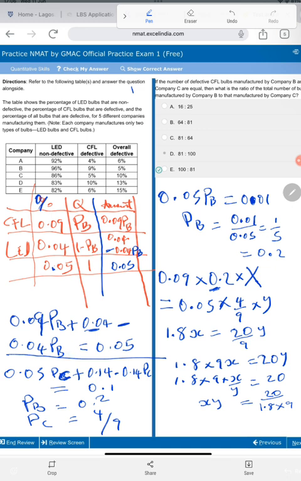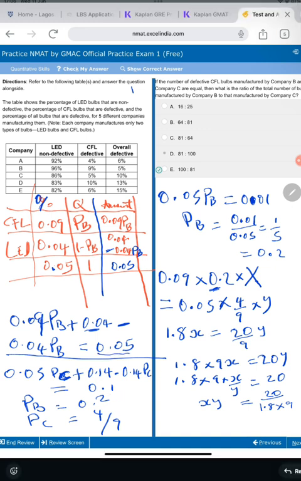We don't need to repeat the table again when we are looking for the proportion of C. We can follow the same thing. Now 0.05 because it's now 5% instead of 9%. 0.14 because 14% are non-defective, since 86 are defective. Then we have 1 minus PB, we also have 1 minus PC, so now 0.14 PC equals 0.1.